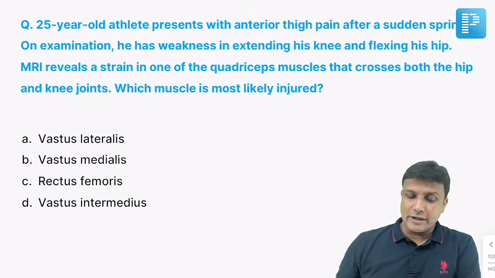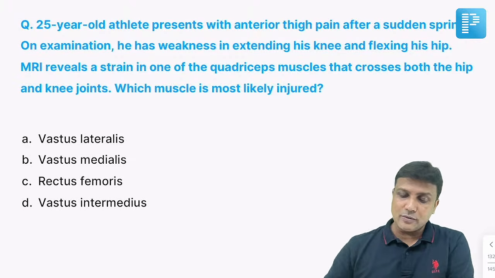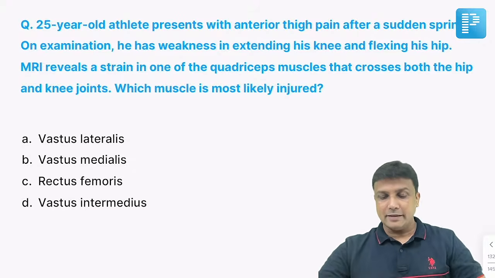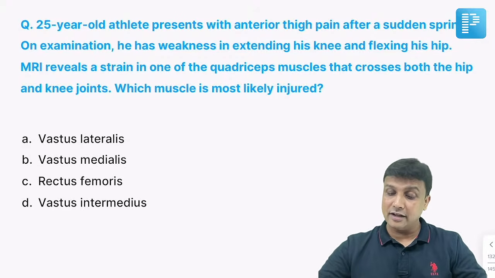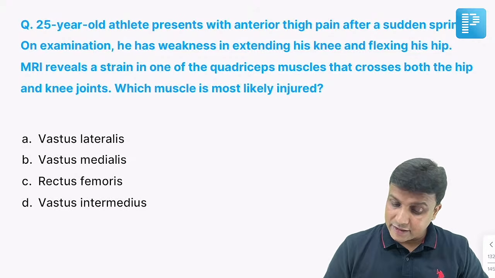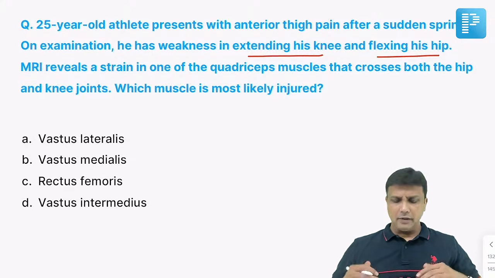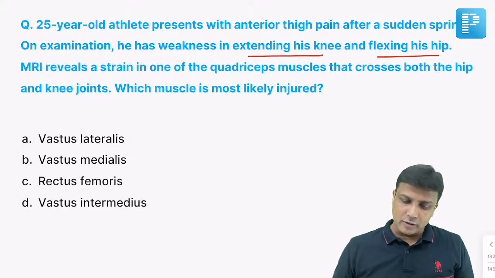A 25-year-old athlete presents with anterior thigh pain after a sudden sprint. On examination, he has weakness in extending his knee and flexing his hip. Extending the knee and flexing the hip. Okay.